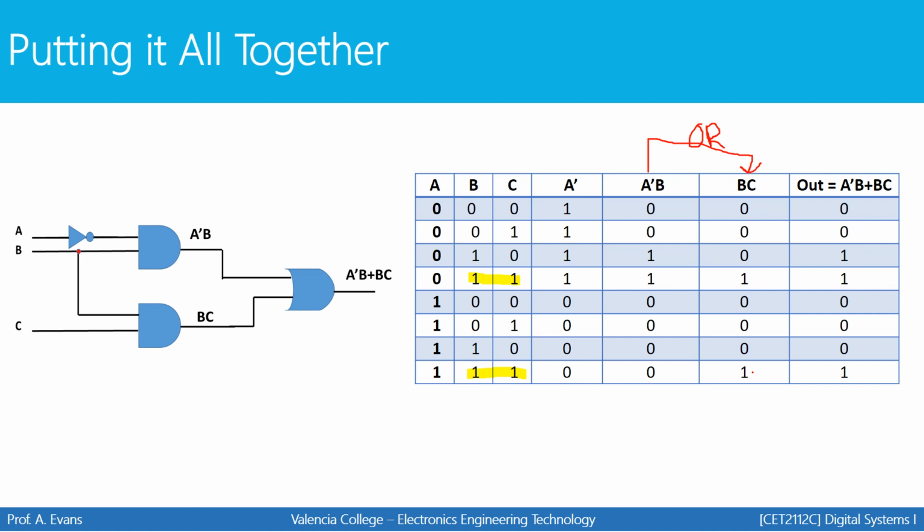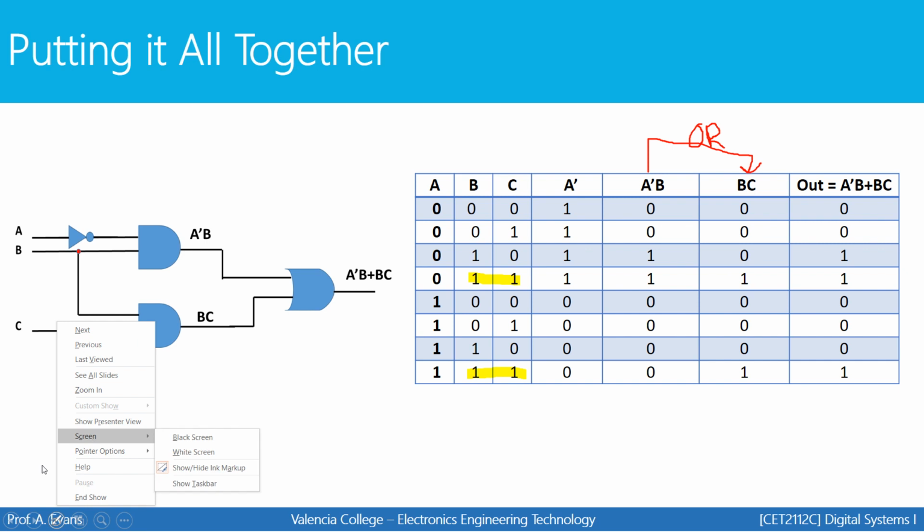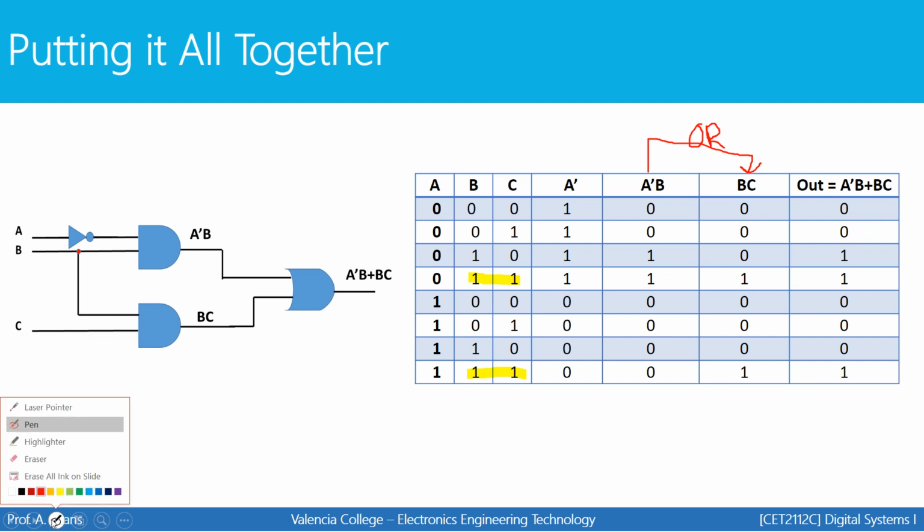Again, when we build this circuit, the ones in your truth table tell you that those are the times when your output should be high based off of the inputs. So I have 3 cases where my inputs will give me a high at the output. That would be here, here, and here.